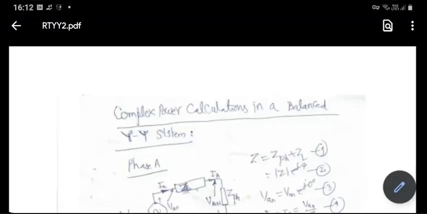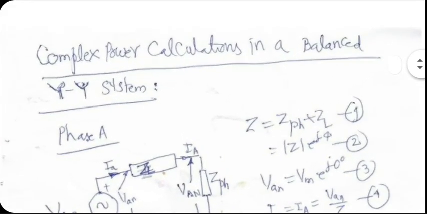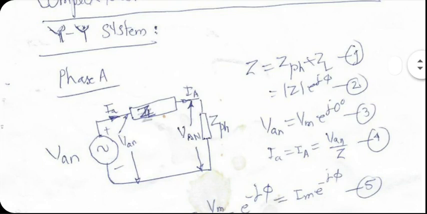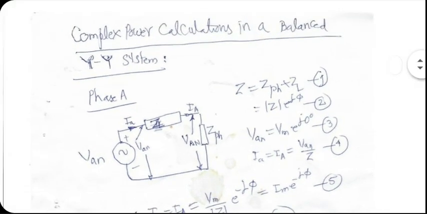There's a second document also. This shows the complex power calculations once again in more detail. And here I am assuming that the line is lossy. I'm taking single phase equivalence. So for phase A, I'm assuming that the generator has no losses.